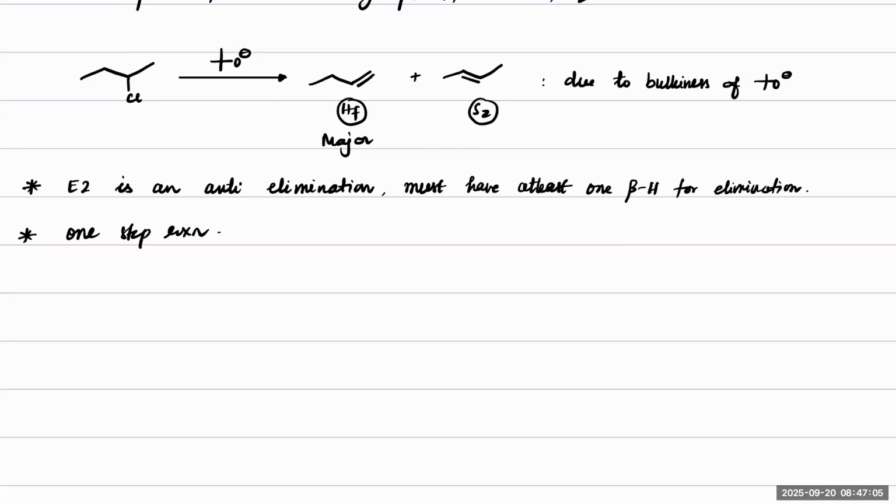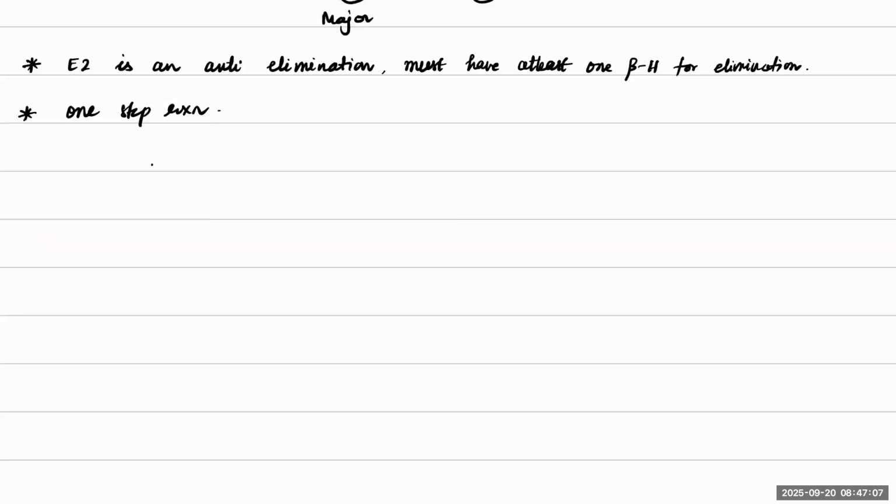See how the questions can be framed here. Suppose there is a chlorine coming here like this, and then there is a methyl going inside. Now, if I ask you, with EtO minus and heat, what should be the product?